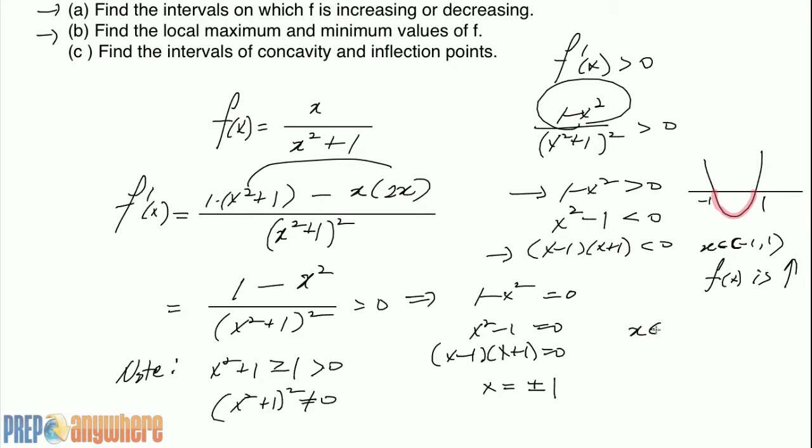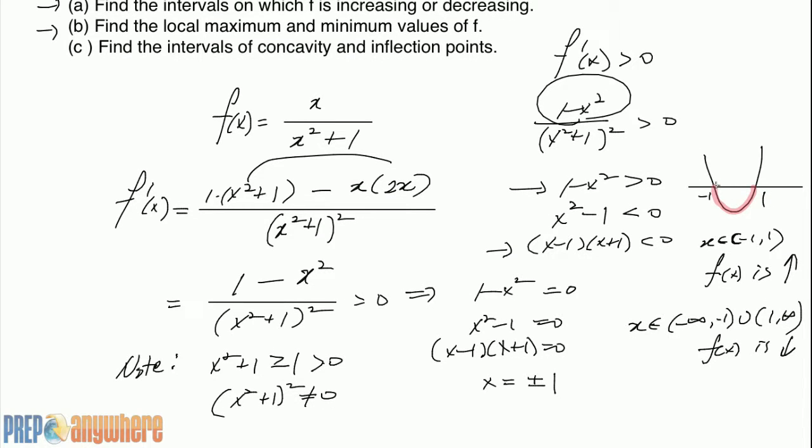In other words, from -infinity to -1, union 1 to infinity, f of x is decreasing. Now I can figure out the local max and minimum from looking at this graph. Right before -1, it's positive, so the graph is going up. Right after, it's negative, it's going down.